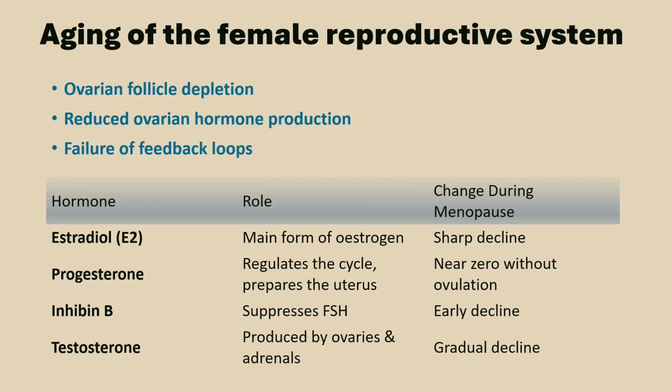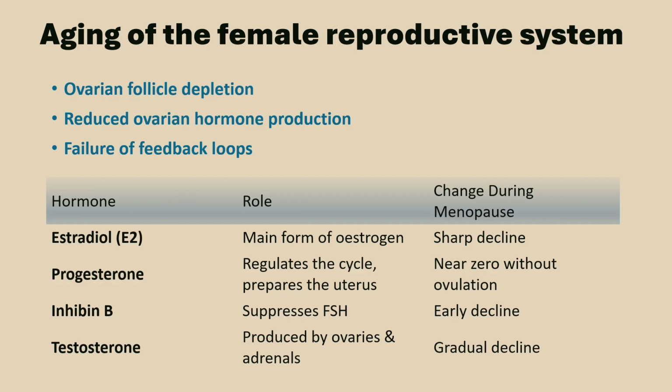Another thing, estrogen also undergoes a sharp decline. Inhibin B, together with estrogen, normally provides the negative feedback loop to the hypothalamus. But by the time of menopause, the pituitary starts to ramp up production of follicle stimulating hormone, and there are no more cells that can respond to the stimulation by synthesizing estrogens and inhibin B. So inhibin B is also one of the important markers of depleted ovarian reserve, same as estrogens.